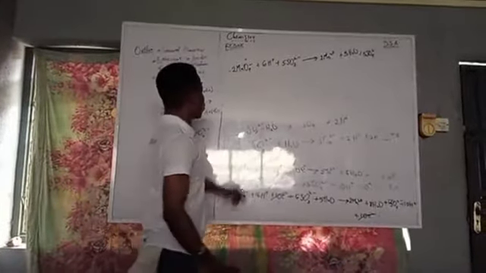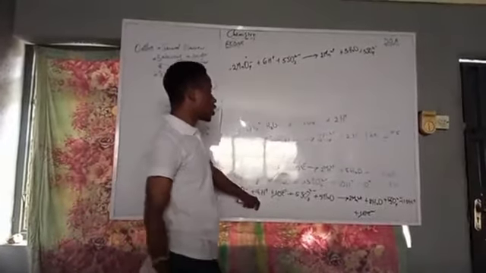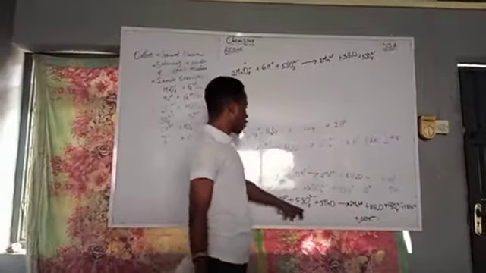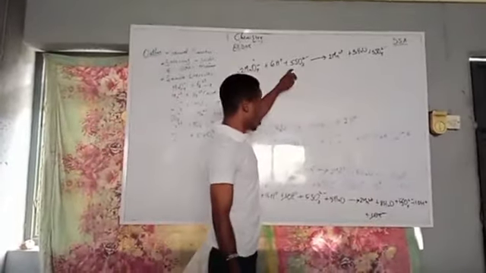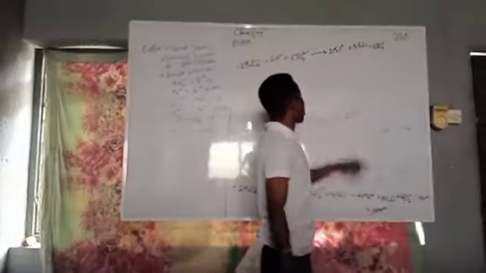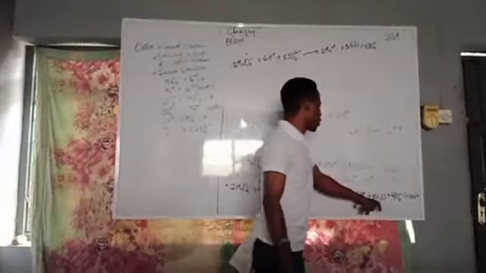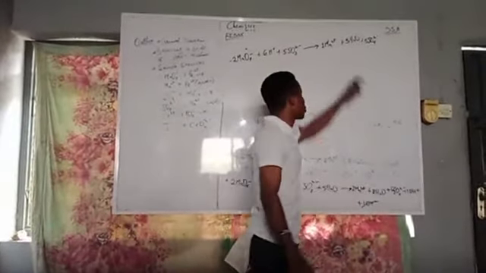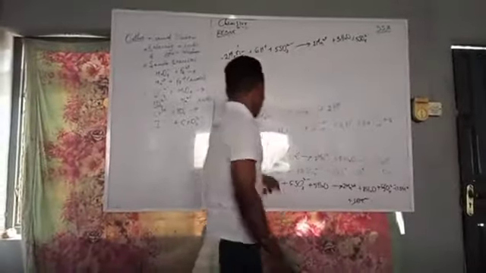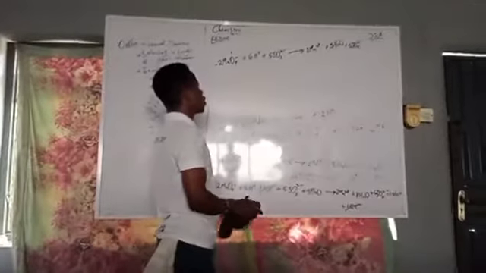You have 2 MnO4 minus here. Now instead of 16H plus, 10H plus reduces it to what? 6H plus. You have 5 SO3 2 minus. Then you have the 5 H2O gone to this side. So you have 2 Mn2 plus, this 8 H2O has reduced by 5 to become 3 H2O, and then you have 5 SO4 2 minus. Don't forget your 10 has been reduced here, so you don't have to look for it anymore.